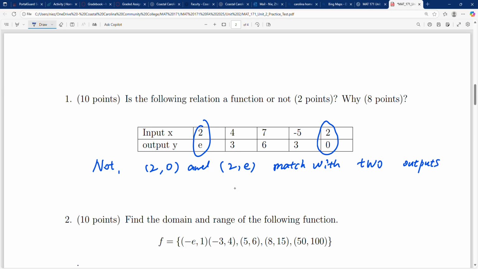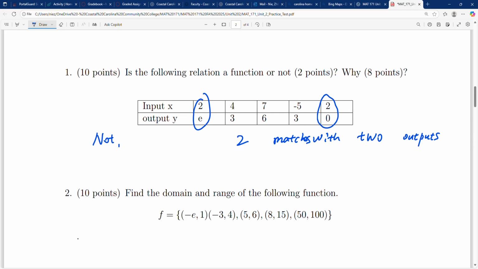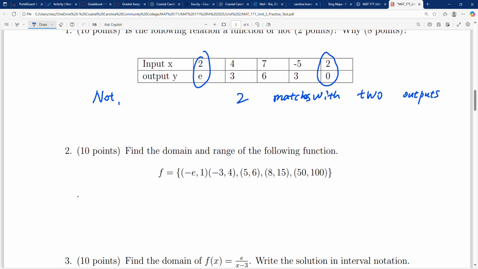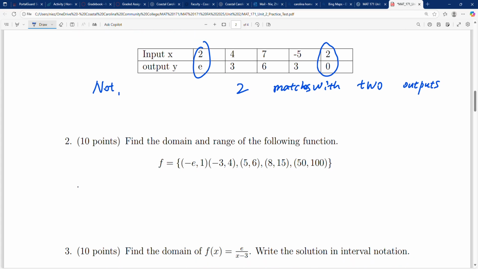You can see 2 matches with 2 outputs. Or you can use other words, like 2 corresponding to different numbers.